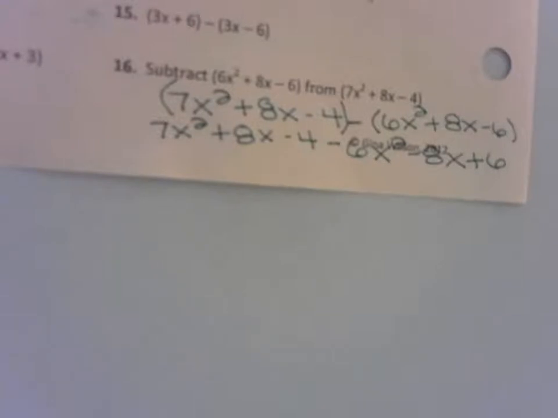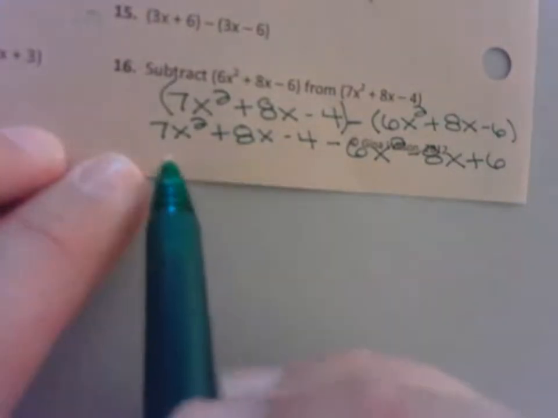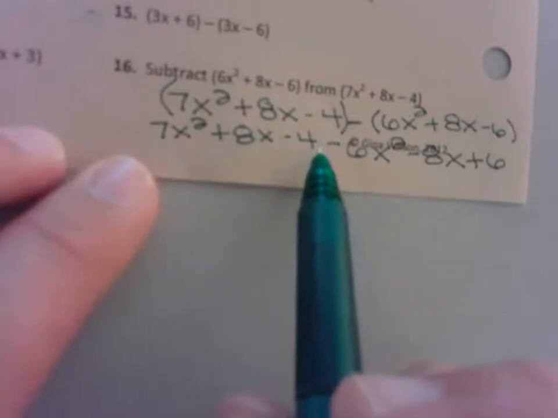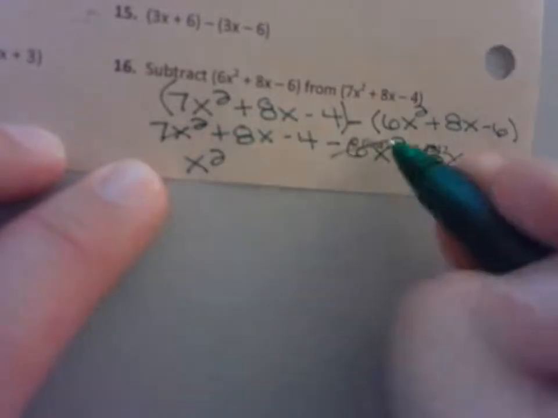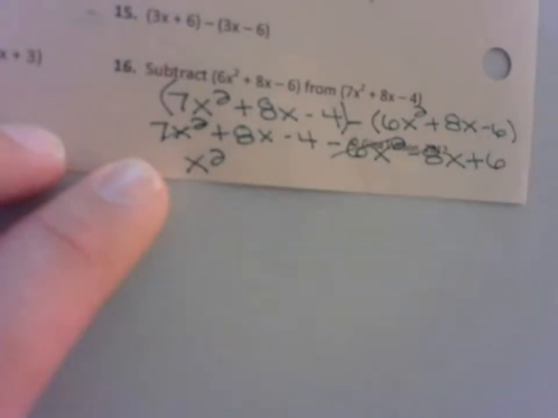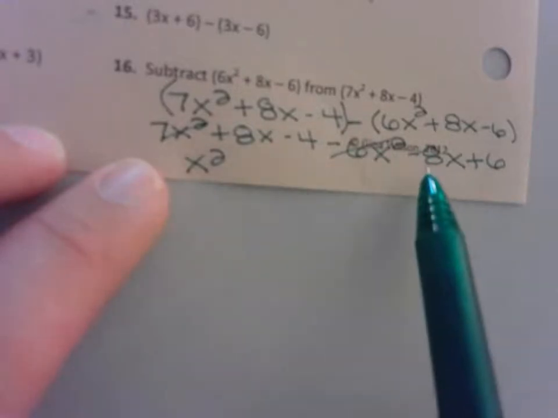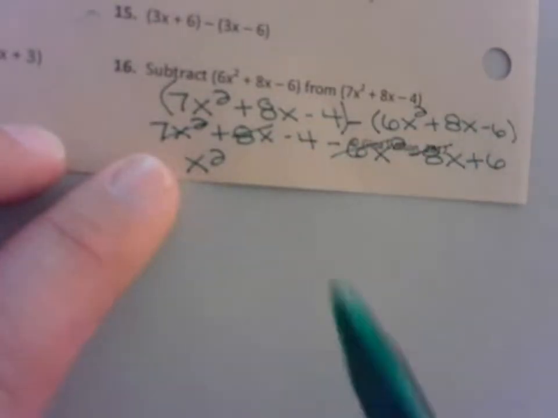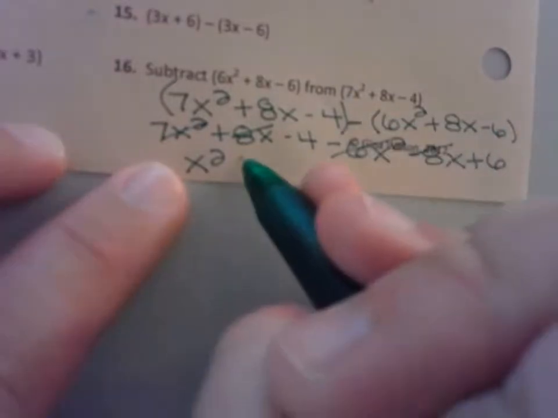Let's start combining, starting with your highest exponent. What's 7 minus 6? 1x squared, or just x squared. The next one will be x: 8x minus 8x cancels because it's the exact same thing. Negative 4 plus 6 is plus 2.